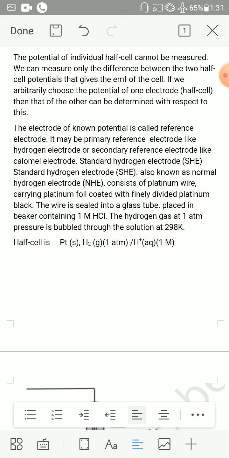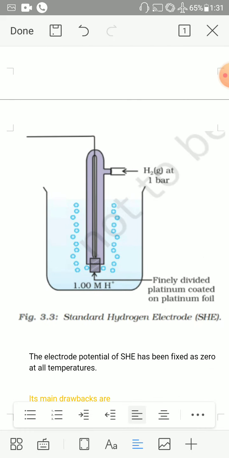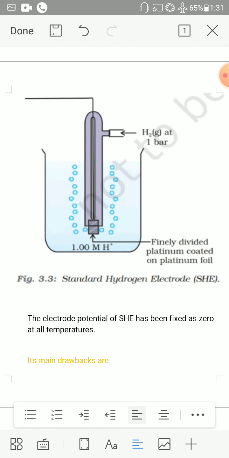The concentration of H+ and the concentration of HCl are the same, that is 1 molar. The standard hydrogen electrode, SHE, looks like this.